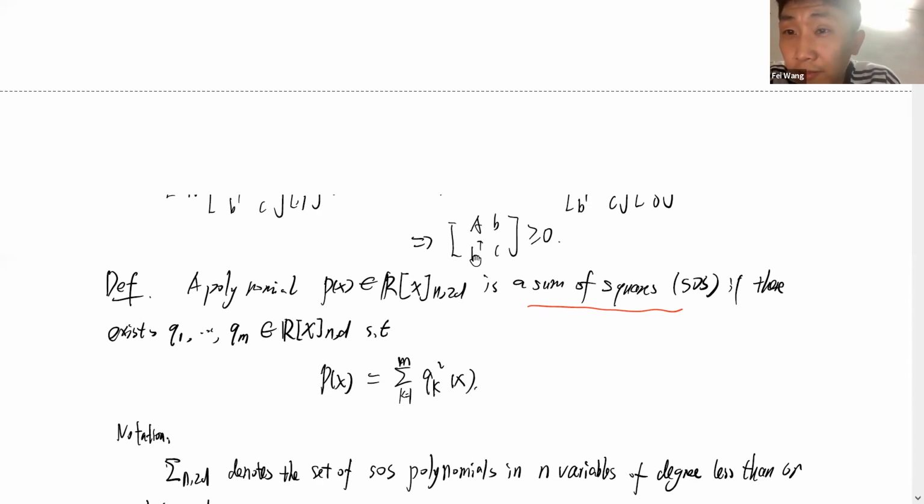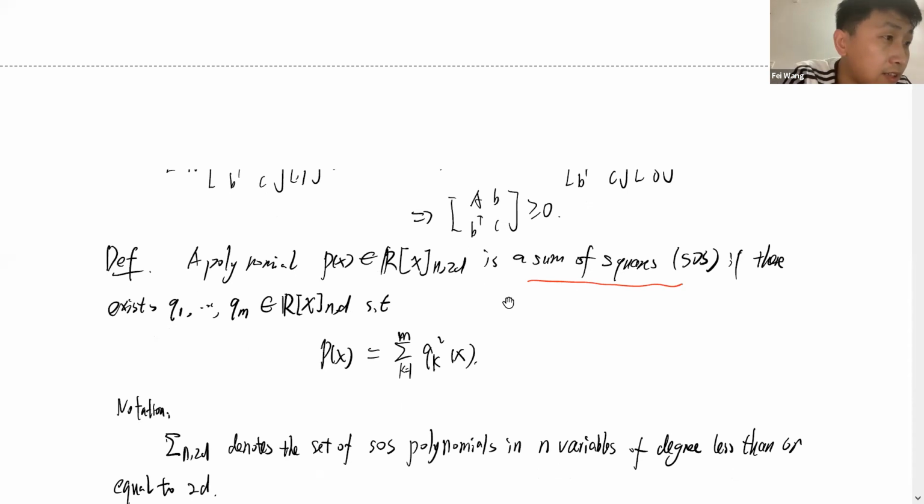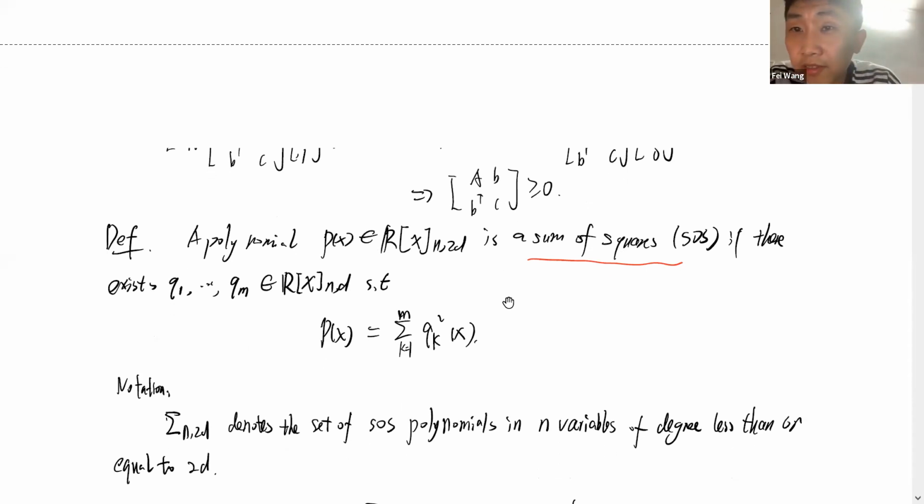The definition of a sum of squares is that p(x) is equal to the sum of q_k(x) squared, for k from 1 to m. So each q_k squared is a square, and then p(x) is a sum of squares.